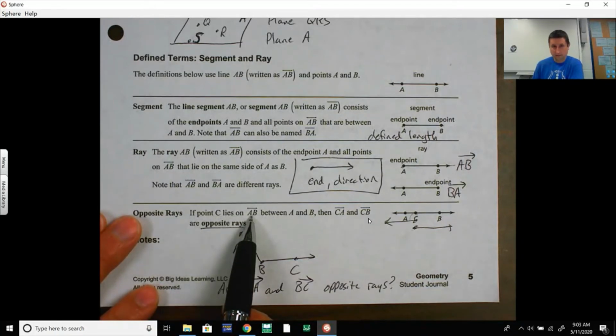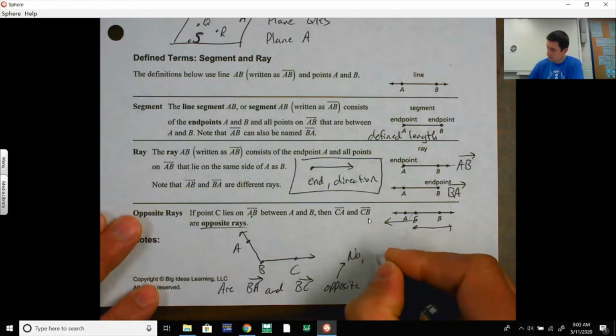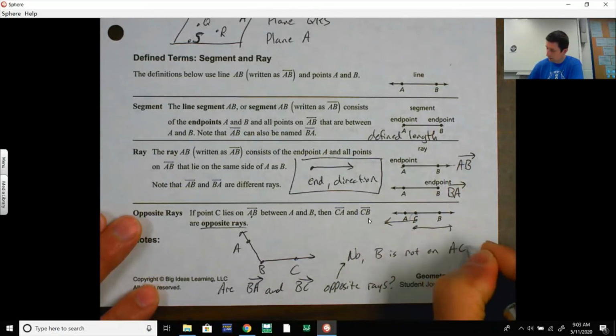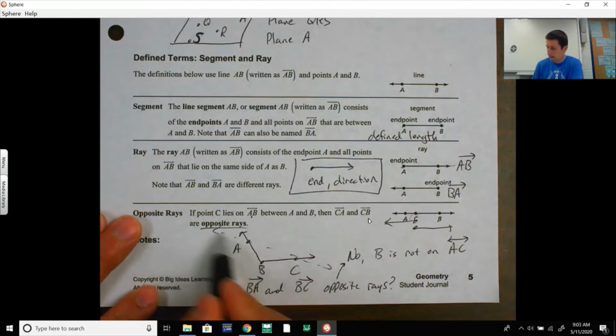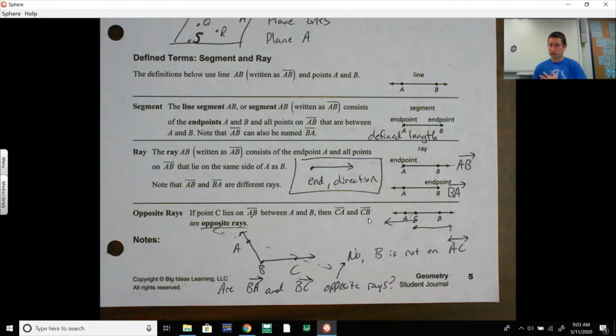So the answer to this would be no, B is not on AC. So B is going to be the middle. That's the starting point for each of those. It's not between the line that is AC. You could draw a line between A and C. B is not between them. So these are not opposite rays.